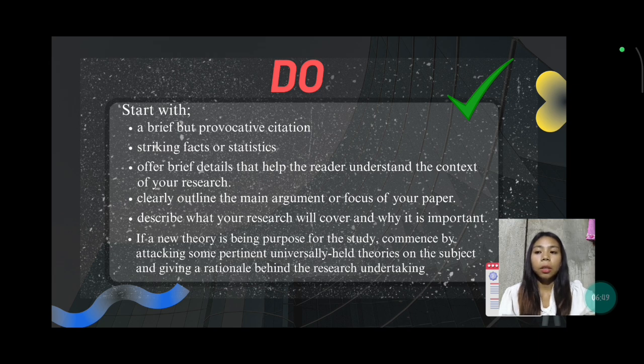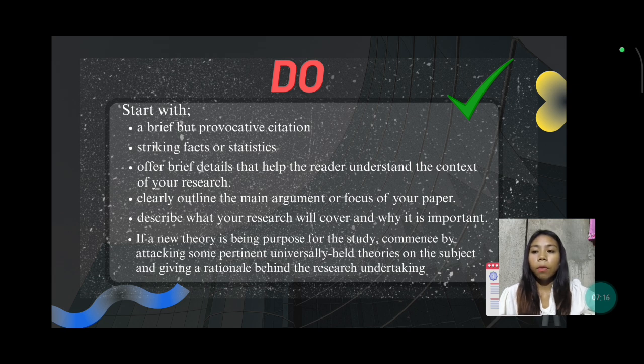And next is to describe what your research will cover and why it is important. It is also where you write the reason why you want to replicate a completed study, which is usually found in the last paragraph of the introduction.